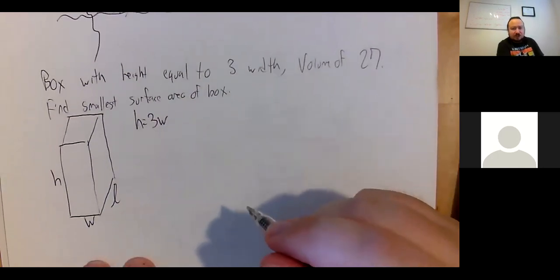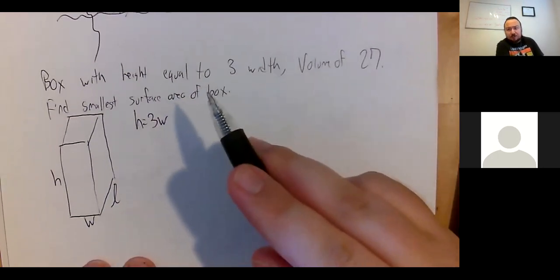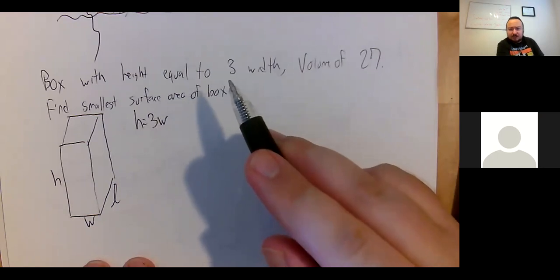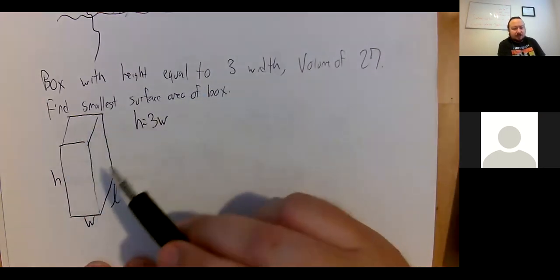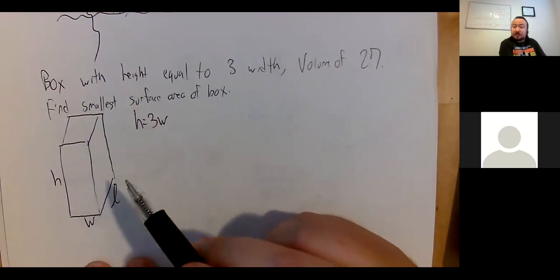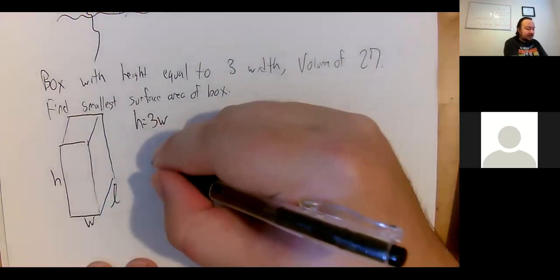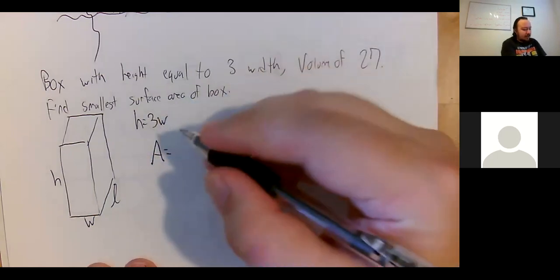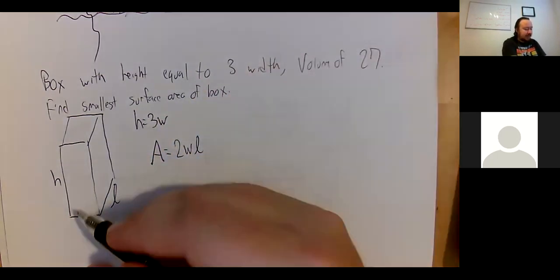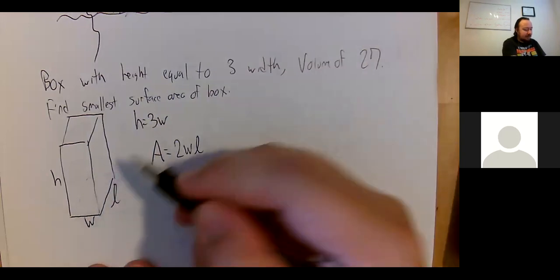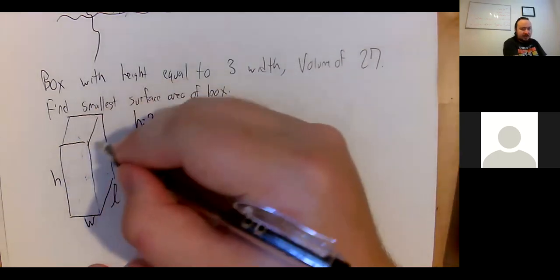All right, so we want to find the surface area of this, and notice that it didn't say open like a lot of those other problems did. So we have to assume that we're going to need material for all of the sides here. So our surface area, which I'll call A, will be 2 width times length, because that will give us the bottom part and the top part.